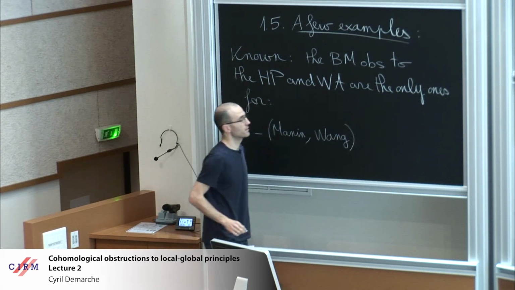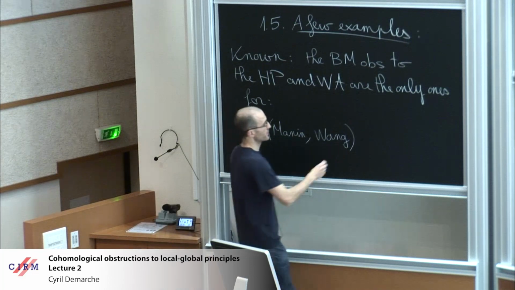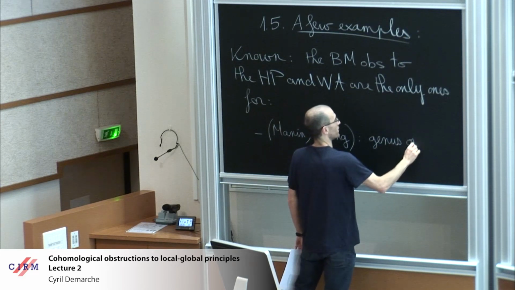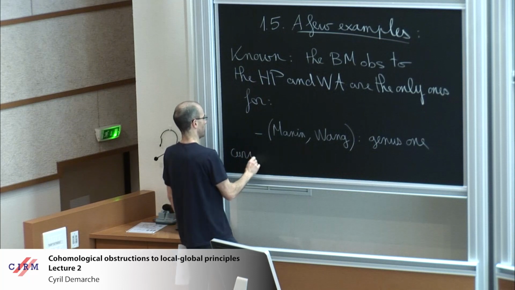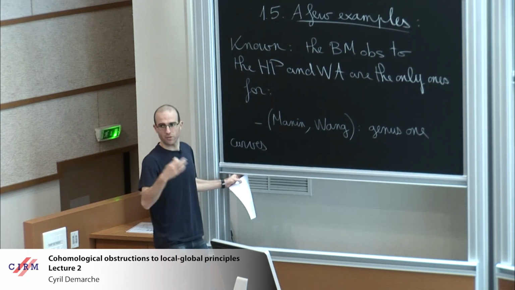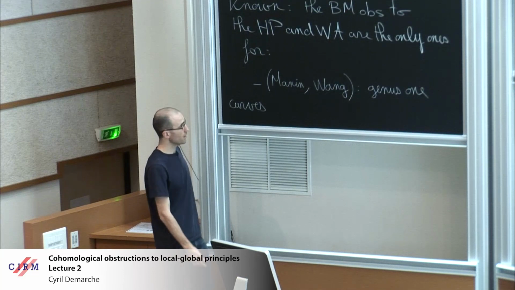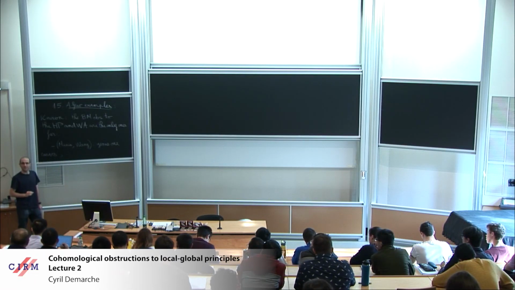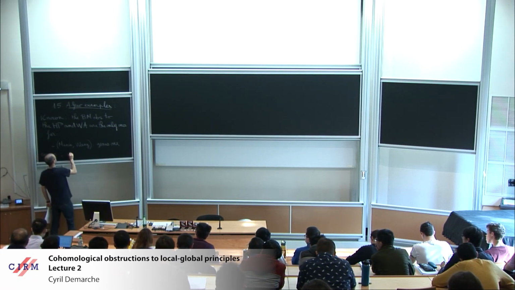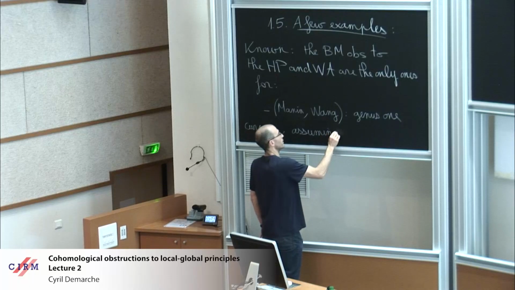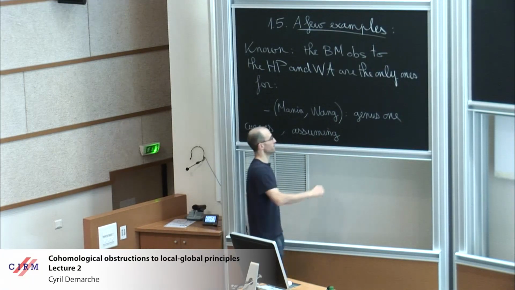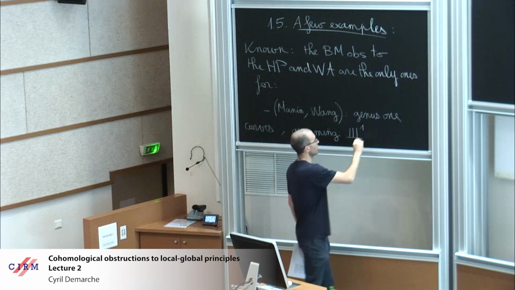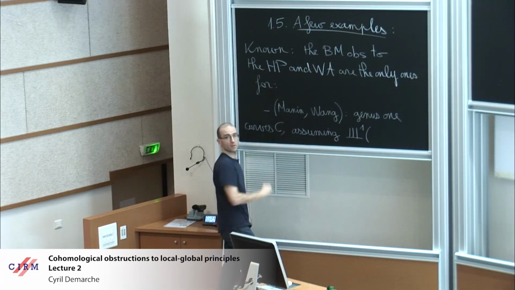But in a particular case, one gets the following result: if you consider genus 1 curves, so smooth projective geometrically integral curves over a number field, assuming the finiteness of some Tate-Shafarevich group of the Jacobian of this curve.